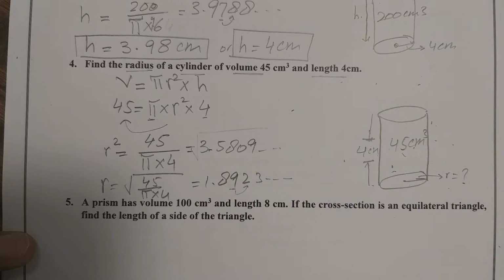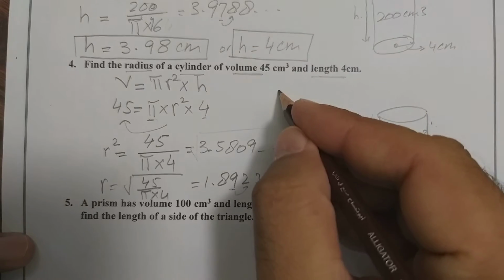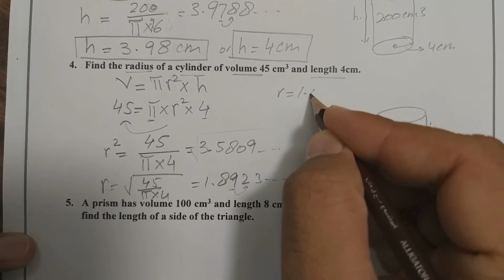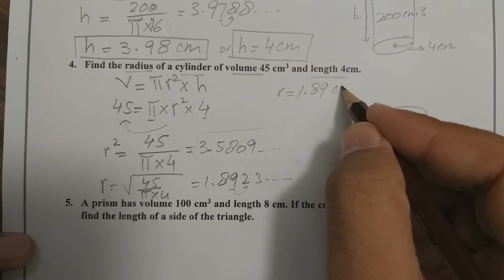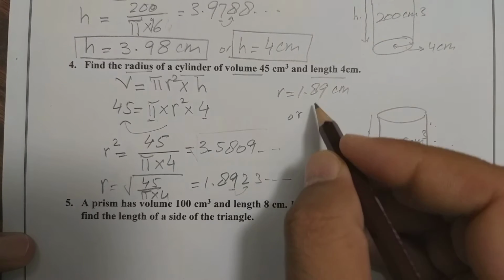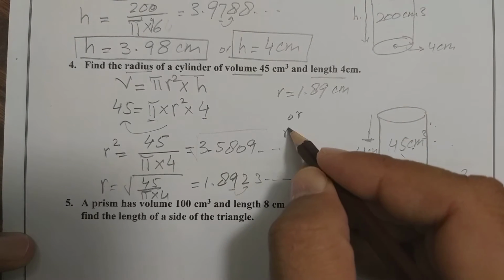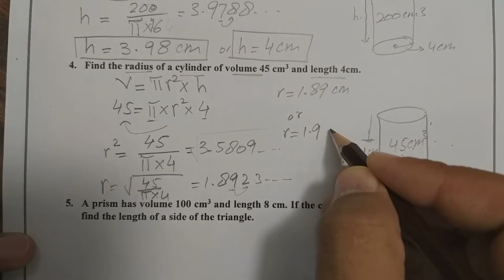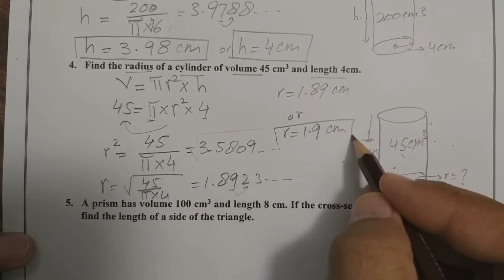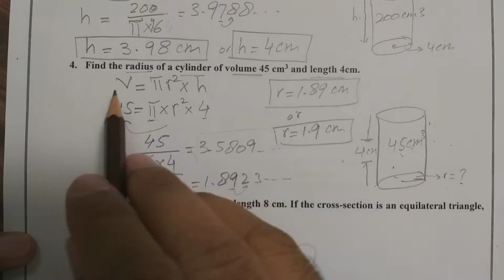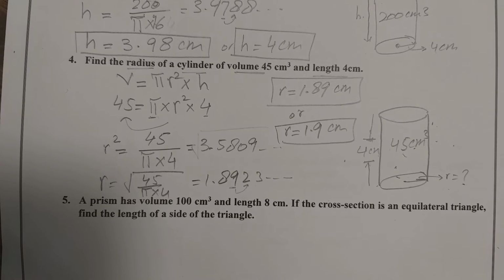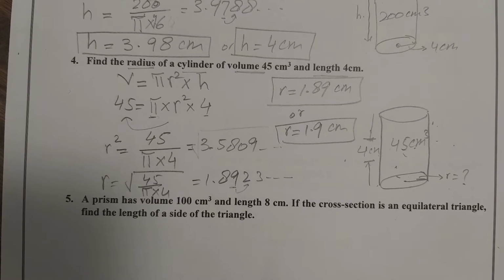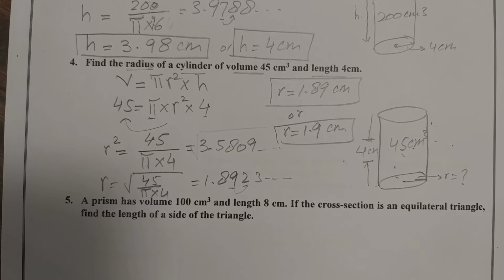So I'm writing here r equals 1.89 centimeter, or in one decimal place, r equals 1.9 centimeter. Both answers are acceptable if not mentioned in the question, but in the external exam for IGCSE we should go for three significant figures if not mentioned in the question.